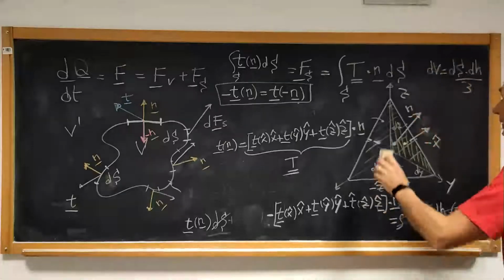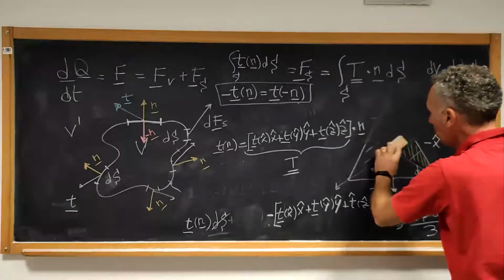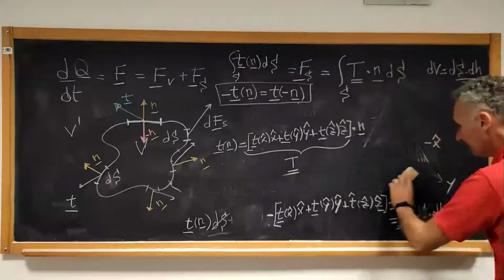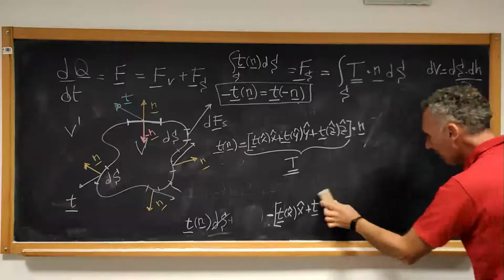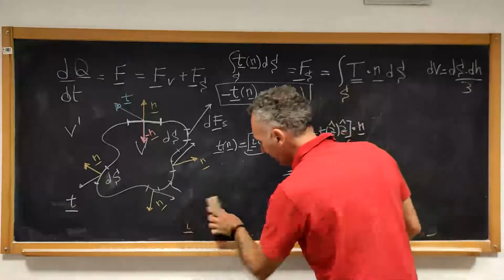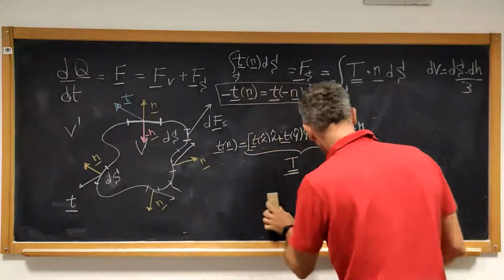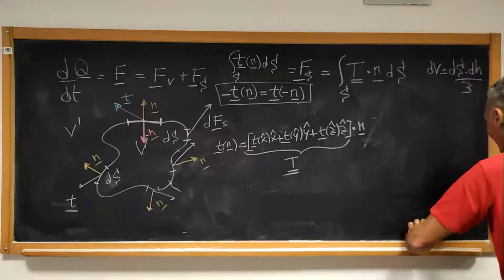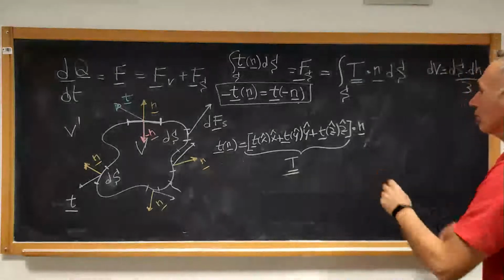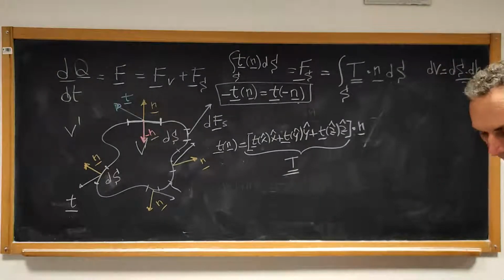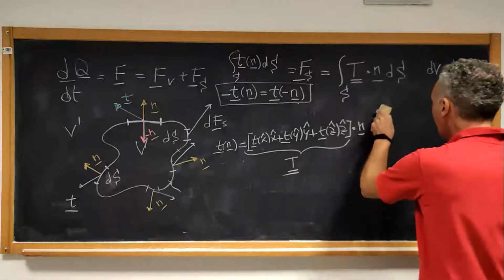Now this is a proof due to Cauchy, and now we can feel relieved that it is not just plausible that the state of tension must be described by a tensor, but it is the only possibility.